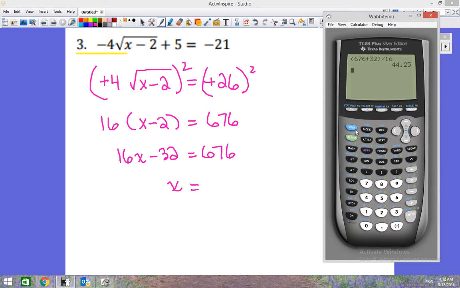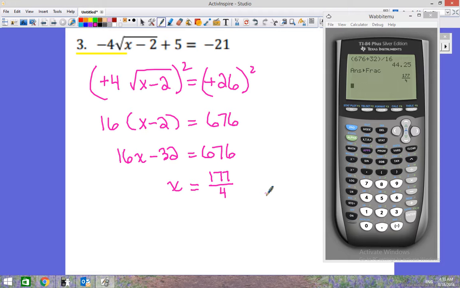And if I change it to an improper fraction, if I go math and hit that fraction, yeah, sure will. 177 over 4. That's kind of small for me to see. Back in the days when you were learning arithmetic and learning about fractions, they always had you convert improper fractions to mixed numbers or to decimal numbers.